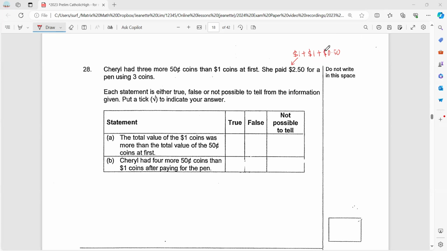If we look at the $1 coin, she needs to have at least 2 because that's the only way to pay for the pen, right? So she needs to have at least 2. So what if she only has 2 $1 coins? Let's see if the total value of the $1 coins will be more.